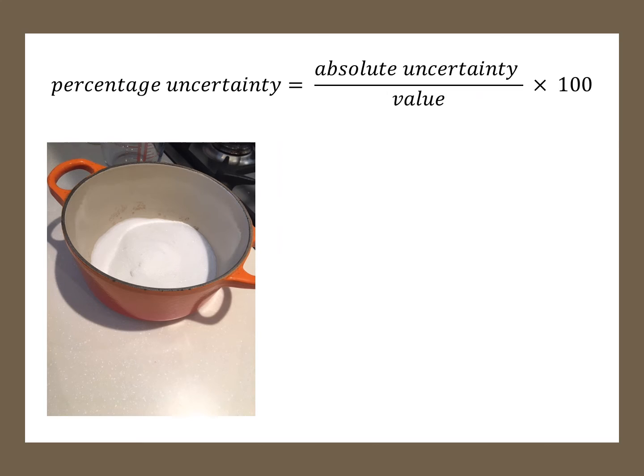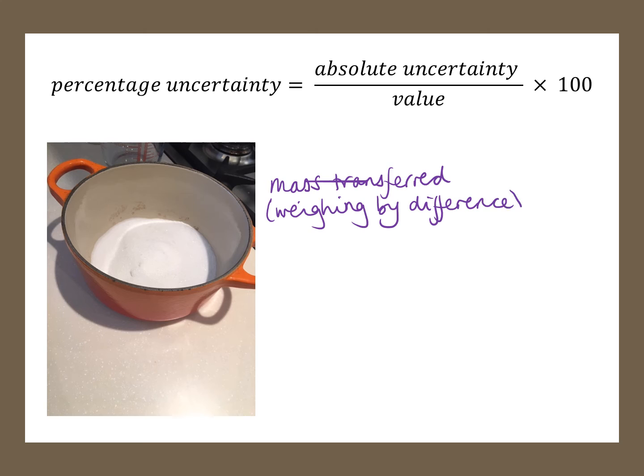So consider the mass of sugar that's been transferred to this pan, the mass transferred. This was weighed by difference, so we need to take a difference between two measurements.